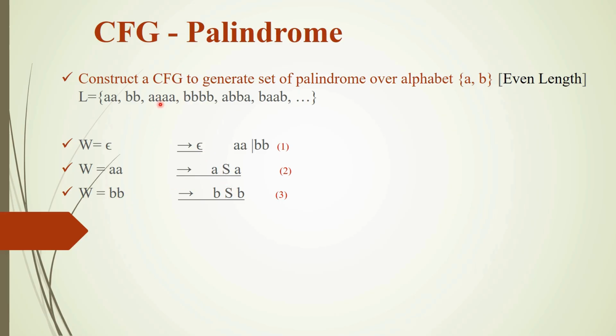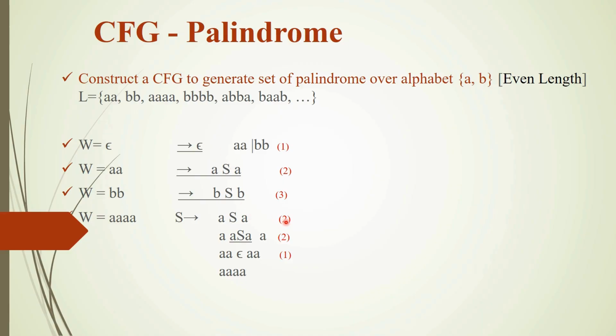Then the next one is four times a. For this we can use the same grammar, starting with the initial one. Basically what we do here is initiate the string with the starting symbol, the non-terminal S, using S to aSa. Here I am numbering the expressions, because these are the expressions we generated for our grammar.